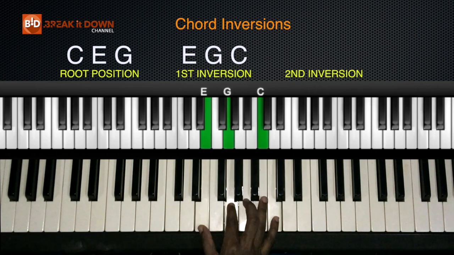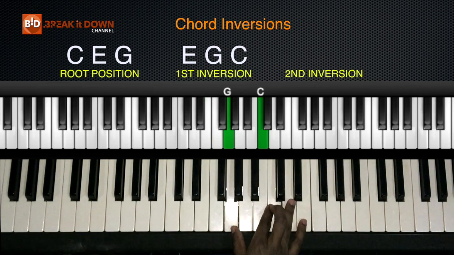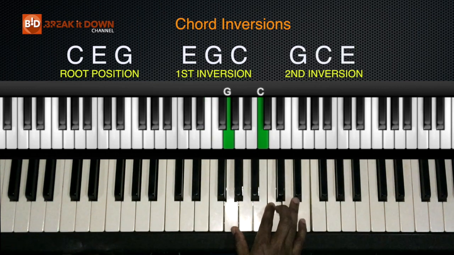Alright, now let's play the second inversion of C major chord. Using the same principle, what would we do? We would have to drop the lowest note, which is what? E, and go and play it a higher octave. So this will be C major chord, second inversion.